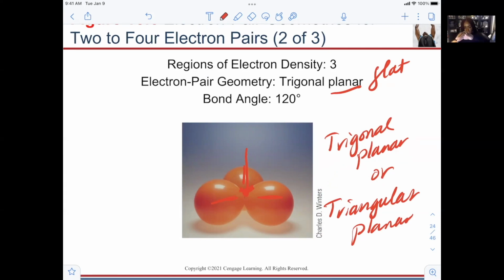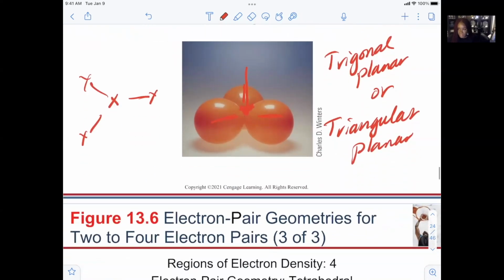And the center is not raised, it is flat. Okay, because in some of your homework, they have you take the molecule and look at it in different angles. And if the center in the middle of the triangular planar is raised, that's not triangular planar anymore, because the central atom and the surrounding atoms are all on the same plane, ergo planar or flat. Okay, that's what that means.